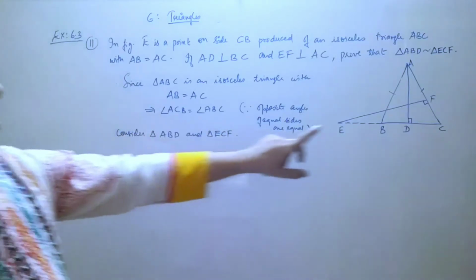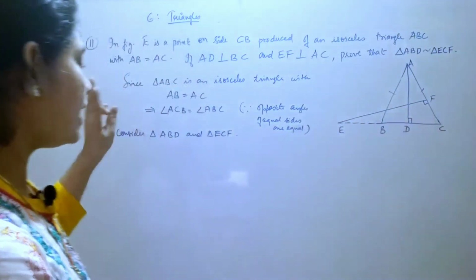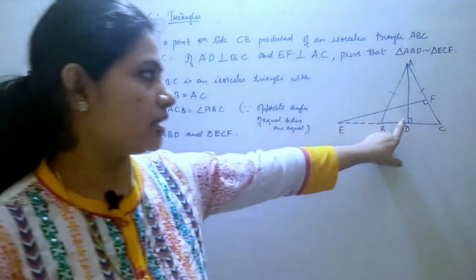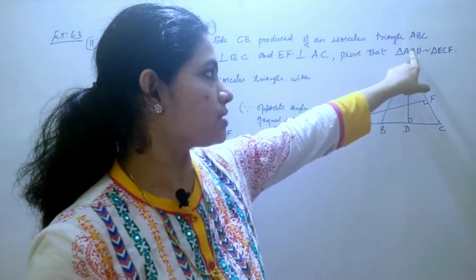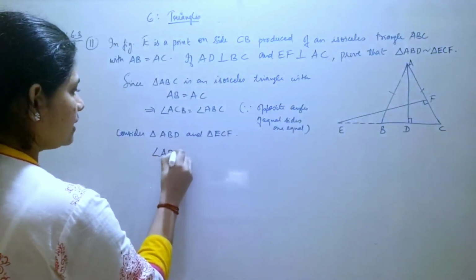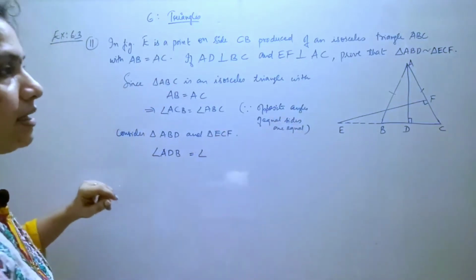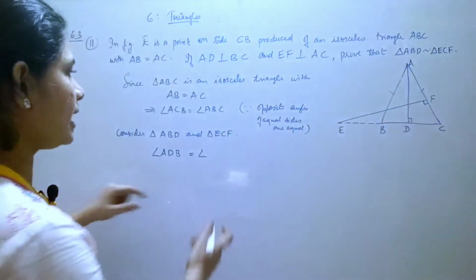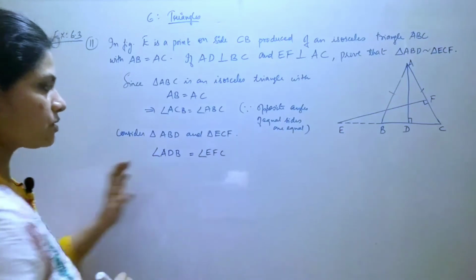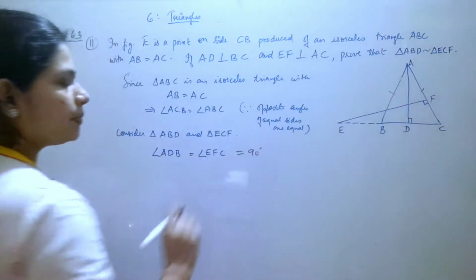Here it is 90 degrees, here it is 90 degrees, they are perpendiculars. So we have got one pair to be equal, and which is that pair? This is at D, so this angle is written as ADB, and the other angle, this F angle, is EFC. The corresponding angles are equal, and the reason is they are both 90. So one pair you got.